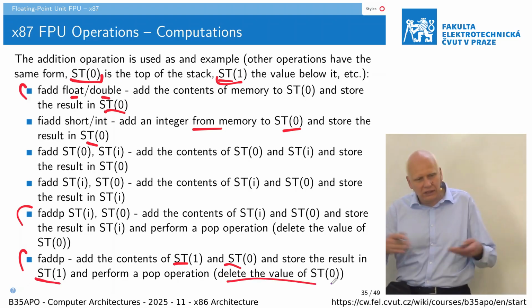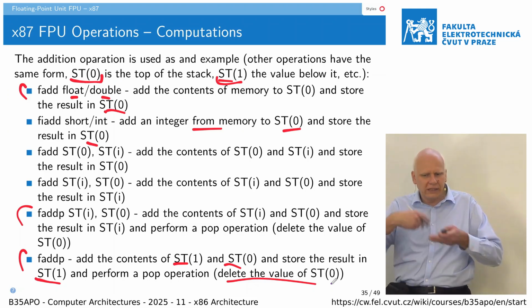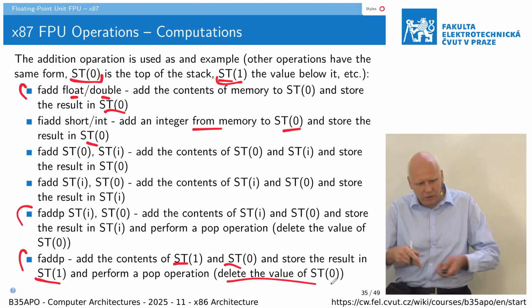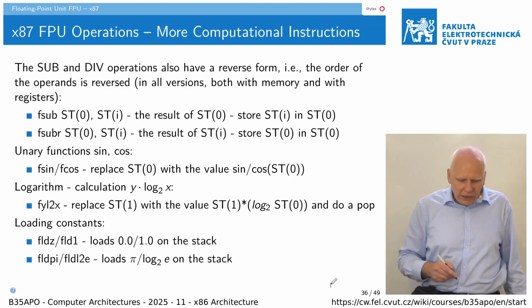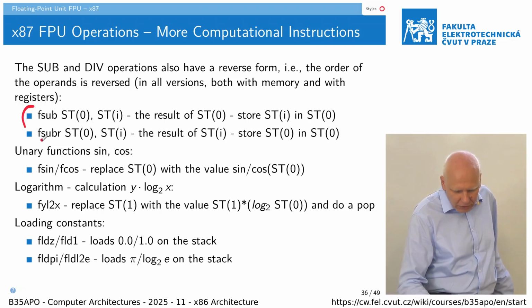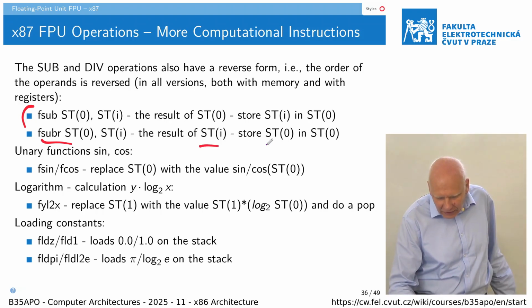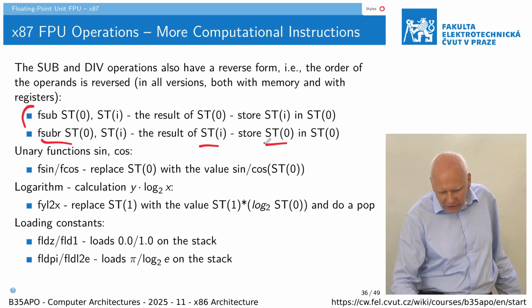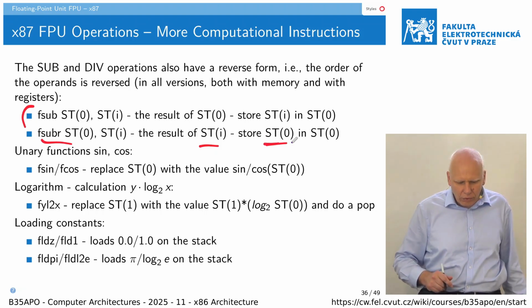So it is the classical add two values on top of the stack, take them away and store the result on the stack. For subtraction, there are different options, and you have there even the reverse option where you subtract STi minus ST0 and so on. So you have those two options.